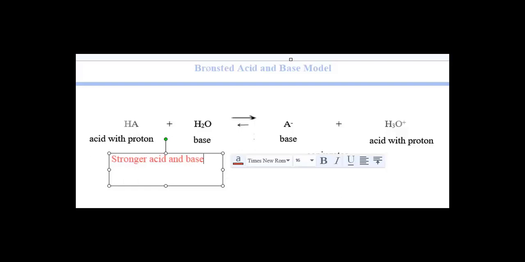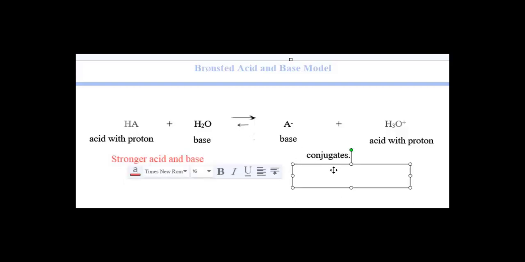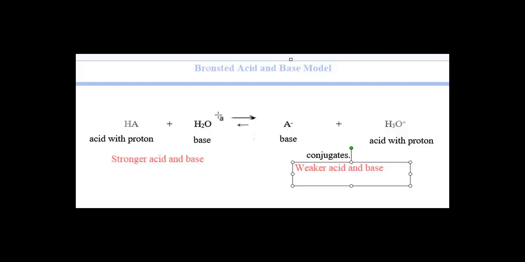And then in this case, if this arrow goes forward and we get mostly A-, the conjugate base, and the conjugate acid, this will be the weaker species, acid and base. Of course, if the reaction went reverse, then we'd end up knowing that this stuff would disappear and be stronger, and this would be weaker.